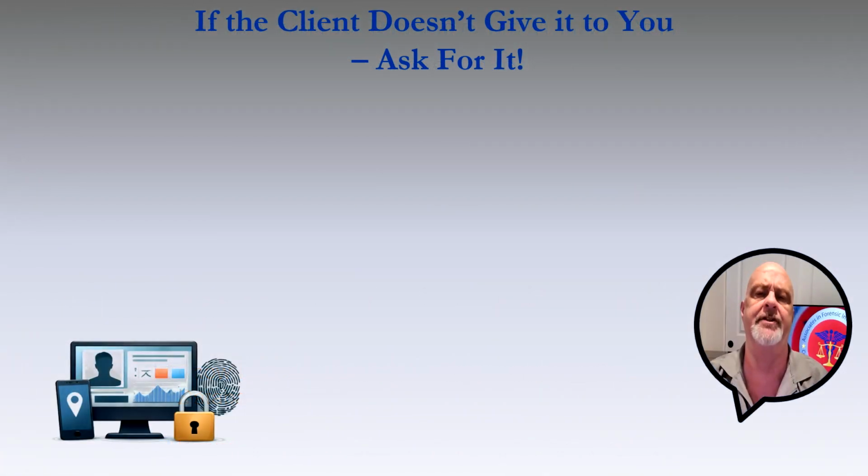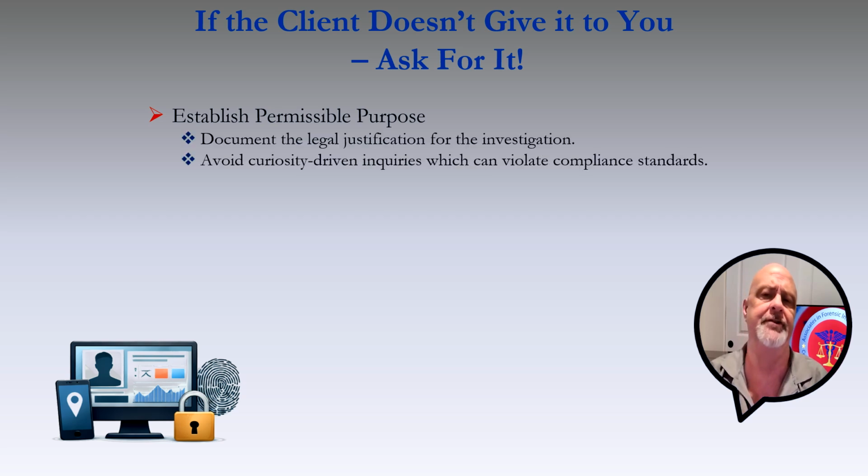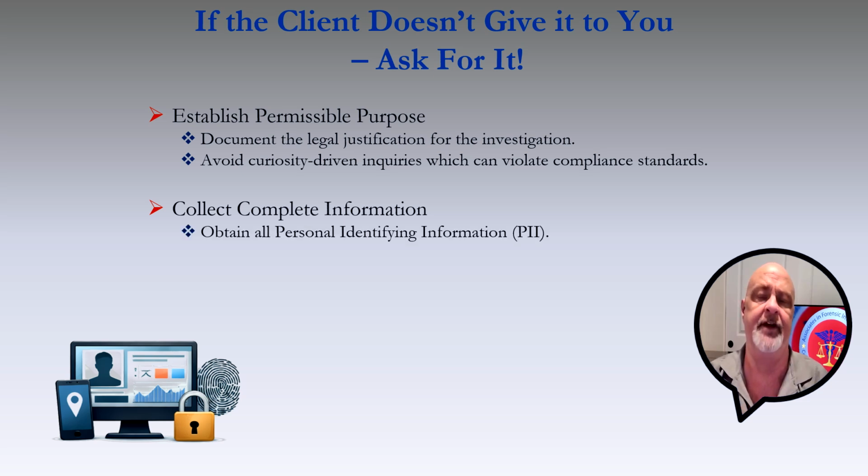So the first thing I want to talk about is if the client hasn't given you information that you need, whether it's right from the beginning or as you work through the case and you notice it, you need to ask them for it because it's extremely important that you have this information. One of the first reasons is to establish that you have permissible purpose. So you want to make sure that you've received anything that they have, especially regarding personal identifiers, any most current information that they might have, whether you're trying to develop more current information or doing a background or whatever it is.